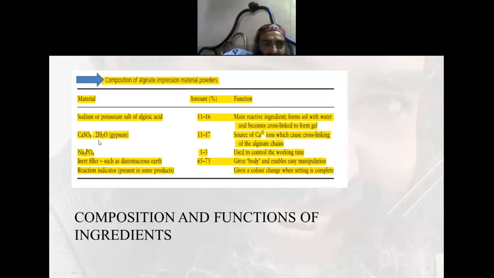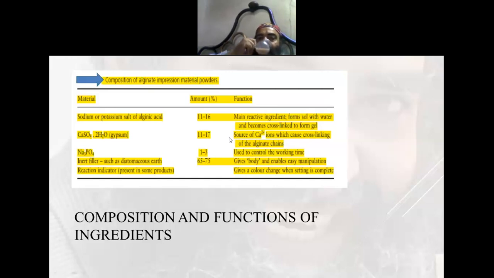Then the calcium sulfate hemihydrate, because it takes water and converts into dihydrate, is 11 to 17%, and it is the source of calcium ions which cause cross-linking of the alginate chains.